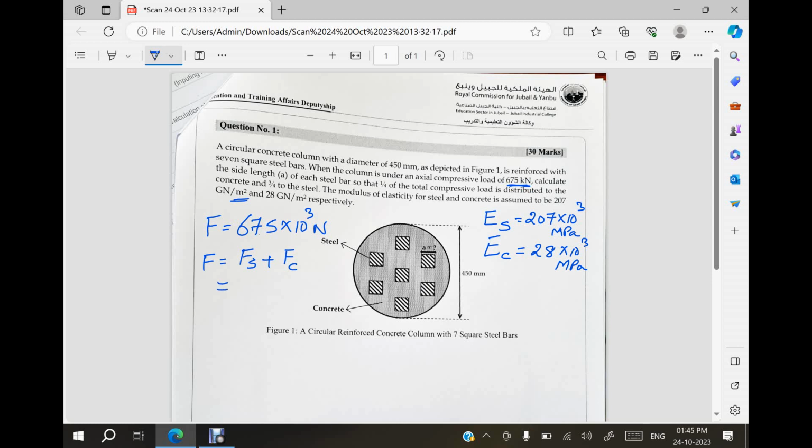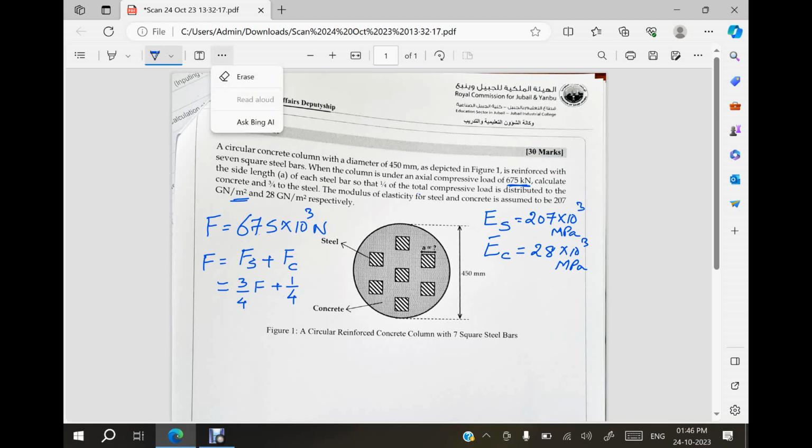So out of this, you have got how much? 3/4 of F plus 1/4. Let me write it clearly.